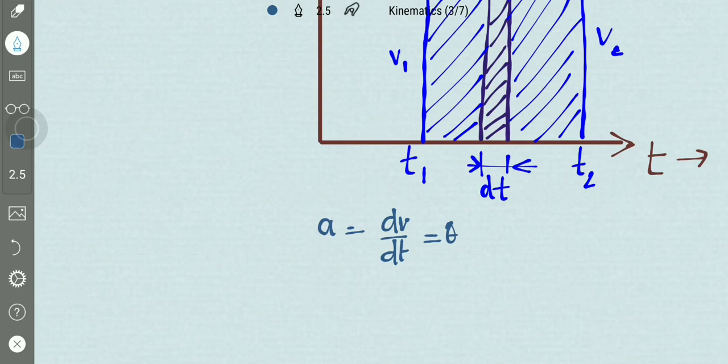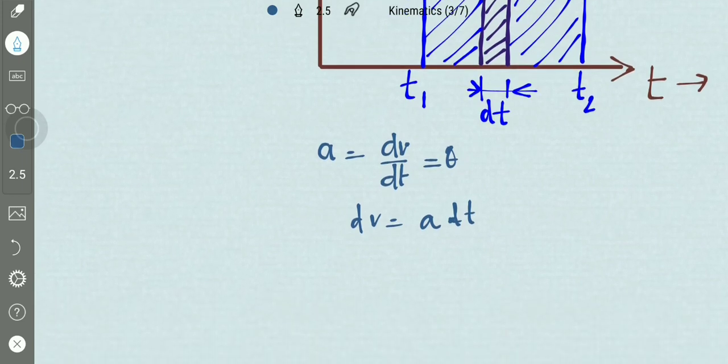Also dv is equal to a into dt, right? So v is the integral of a into dt.